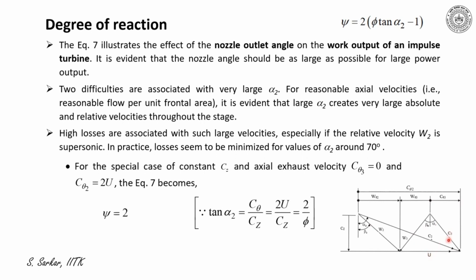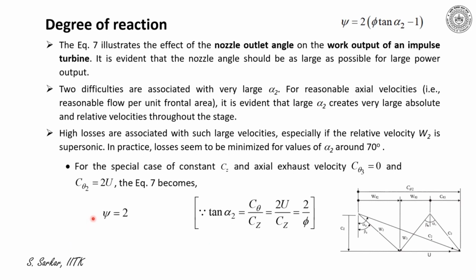Thus, I have C3 becomes axial, C theta 2 would be equal to twice U, and hence the equation 7 becomes psi is equal to 2. You can easily prove for this case value of tan alpha 2 would be equal to C theta 2 divided by Cz, that is equal to twice U by Cz, equal to twice by phi, and hence psi becomes 2.